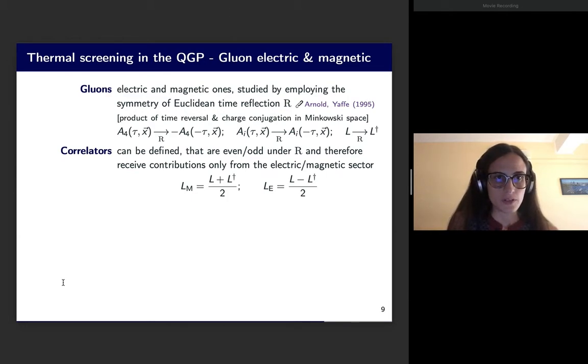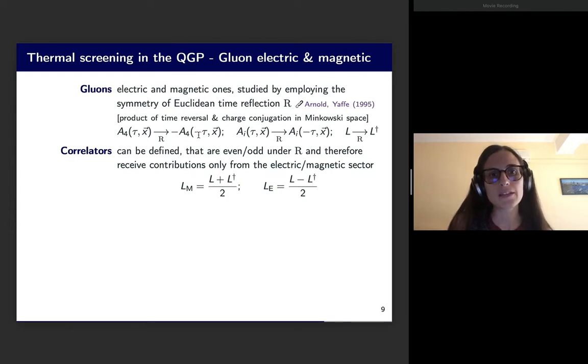But let's focus on gluons and on electric and magnetic screening. Gluons, the electric and magnetic ones, can be studied by employing the symmetry of Euclidean time reflection, which in Minkowski space corresponds to the product of time reversal and charge conjugation.